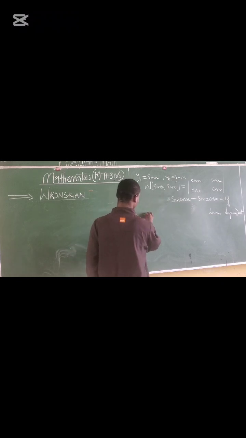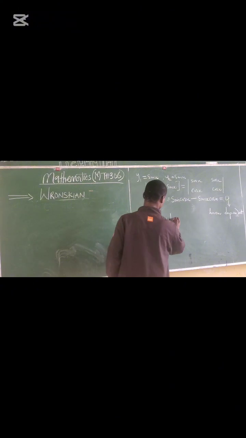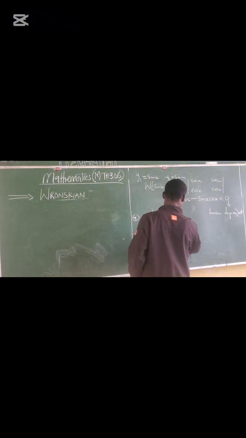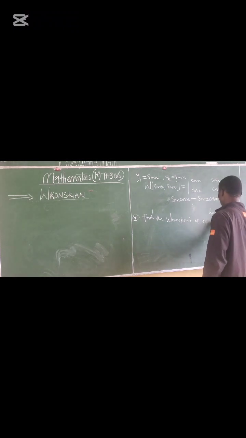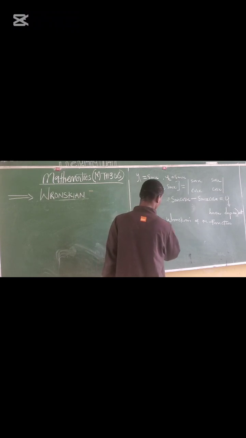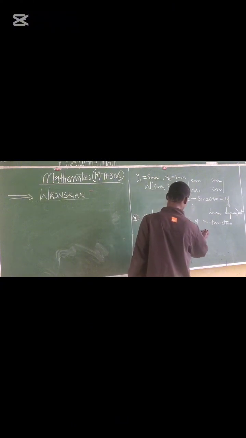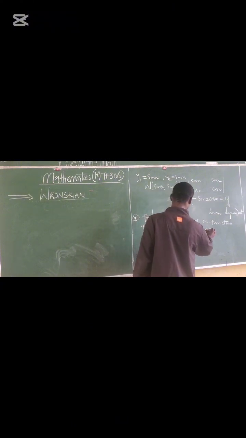Alright, so we can just say find the Wronskian of the function y1 equal to exponential x, y2 equal to exponential minus x, and y3 equal to exponential minus 2x.